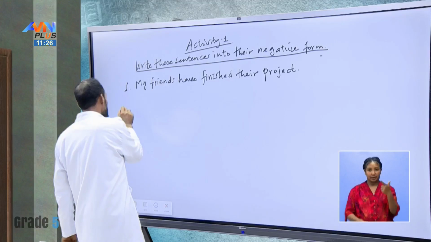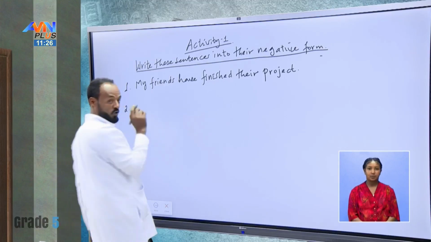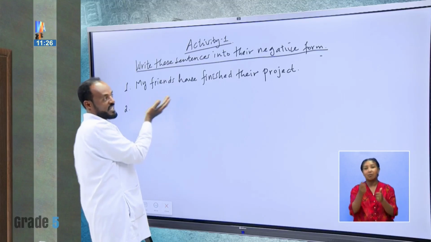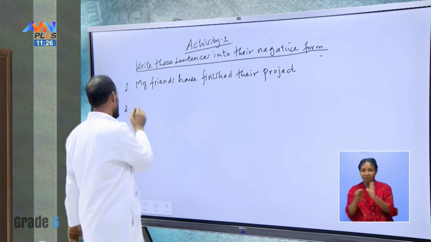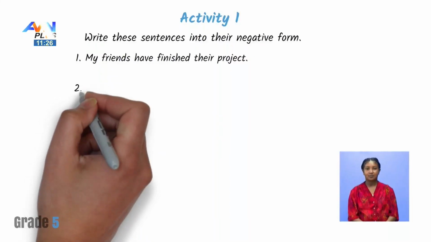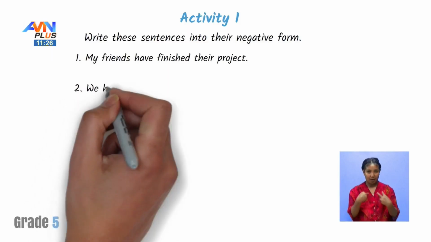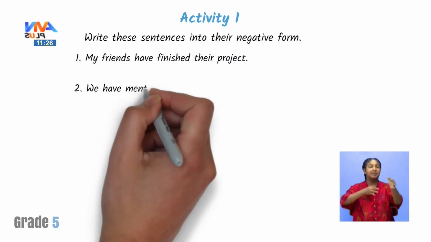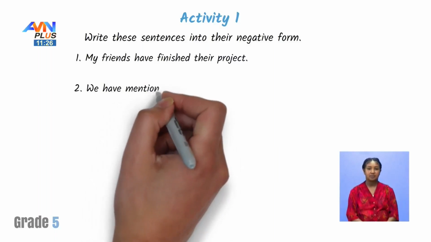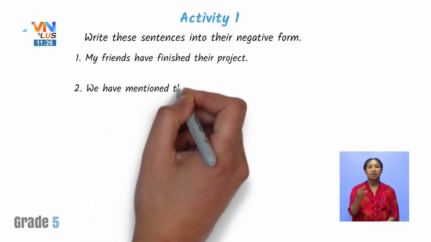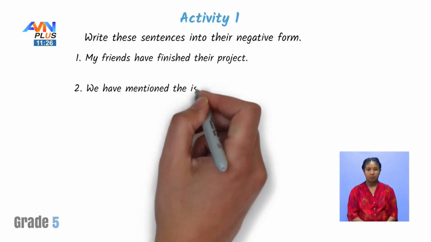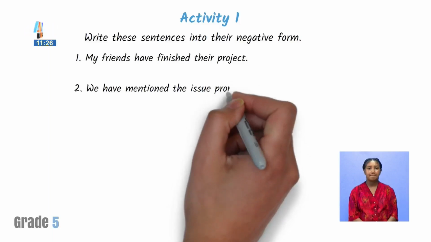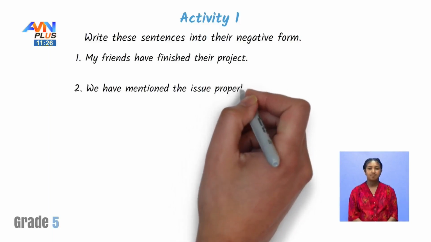Number 2. I hope you're writing, students. Are you? Good. Please write, then change into negative. We have mentioned the issue properly. The third one.